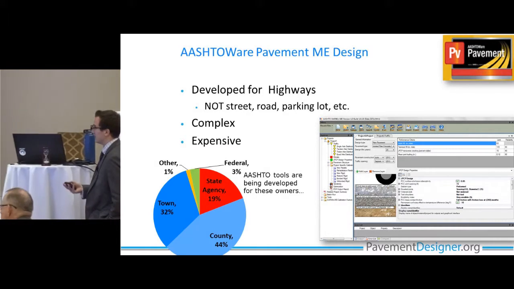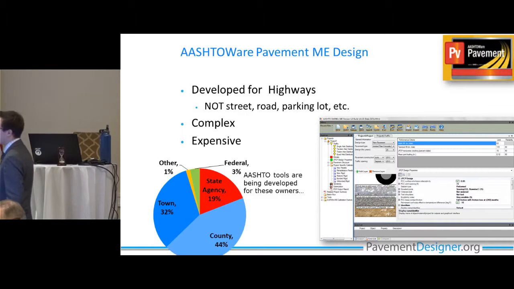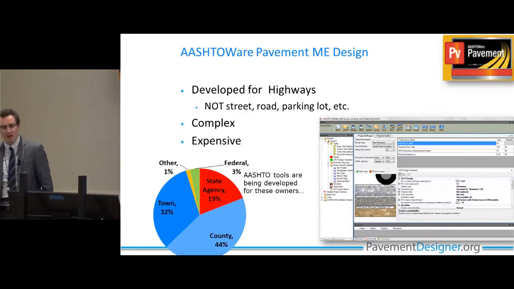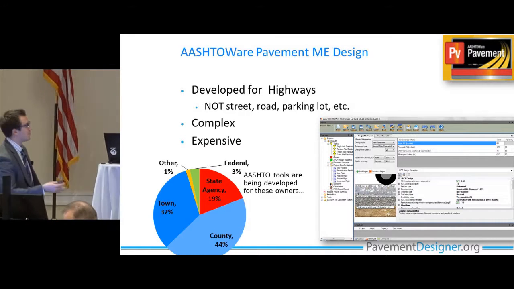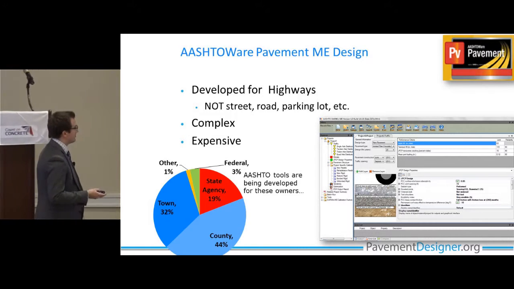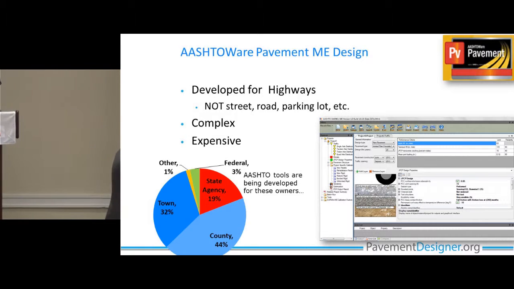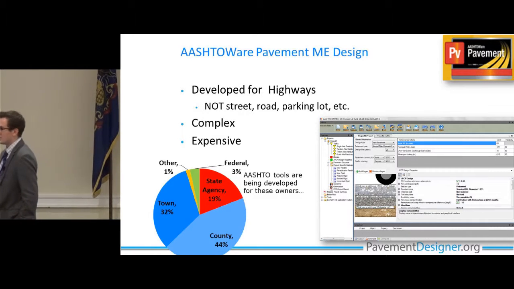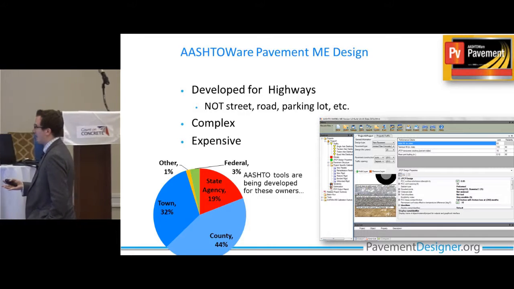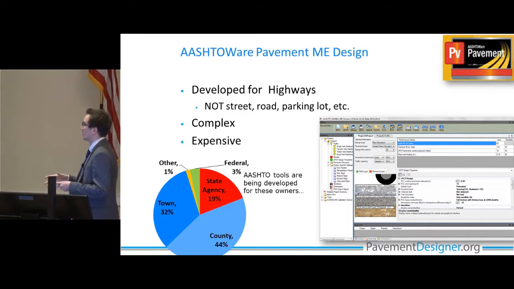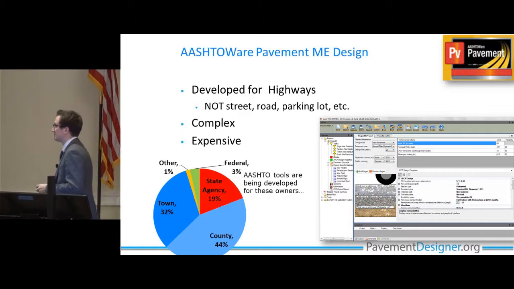One license for a year for Pavement ME is $5,500, so it's fairly expensive. And so it's not really going to go down to the streets and local roads or municipal type markets, and so we expect that's the case. So a lot of times designers in those types of areas revert back to AASHTO 93. And that's really why we saw a need to develop Pavement Designer to kind of fill that gap that's being left by the DOT type markets moving towards Pavement ME.